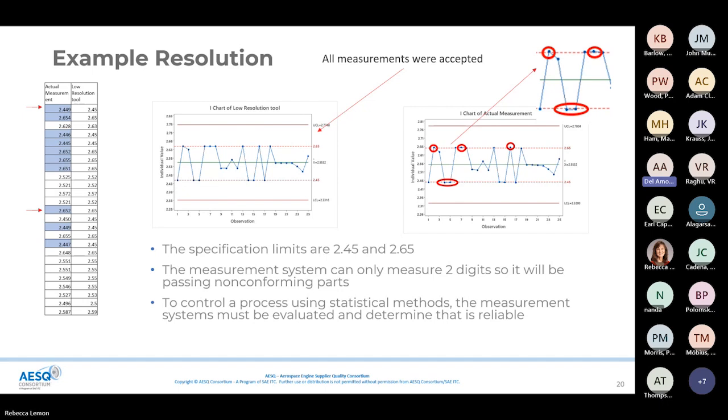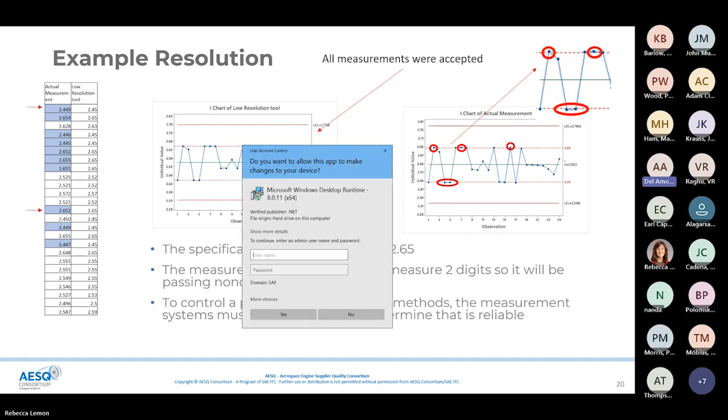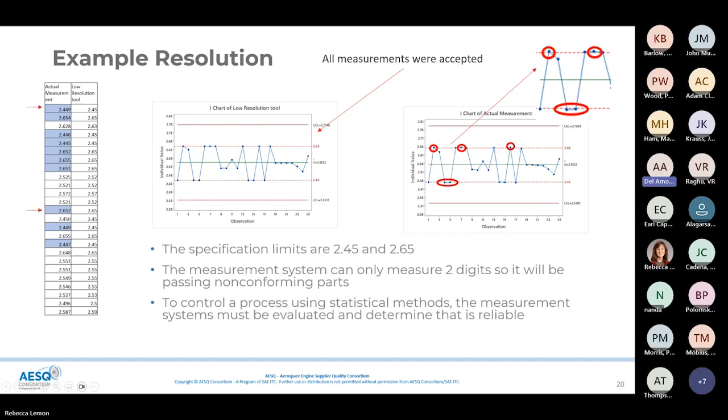When we do an IMR chart, you see it there. It might not be very clear because of how the measurements are, but we augmented a part of that picture on the second side, which has the actual measurements, not the measurements provided by our low resolution tool. And you can see that we are accepting parts that are not really within the specification limit, okay?